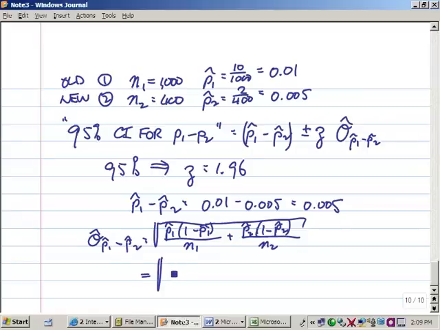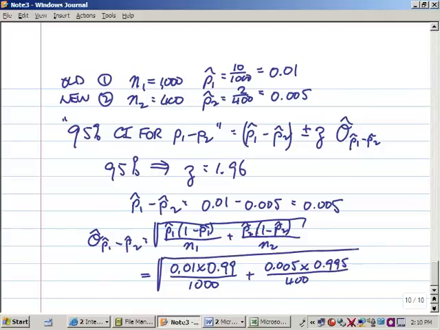Alright, p1 hat, 0.01, its complement, use a calculator if you're not sure how to do that in your head, is 0.99 divided by a sample size of 1,000, plus p2 hat, 0.5%, times its complement, 0.995 divided by the sample size, 400.